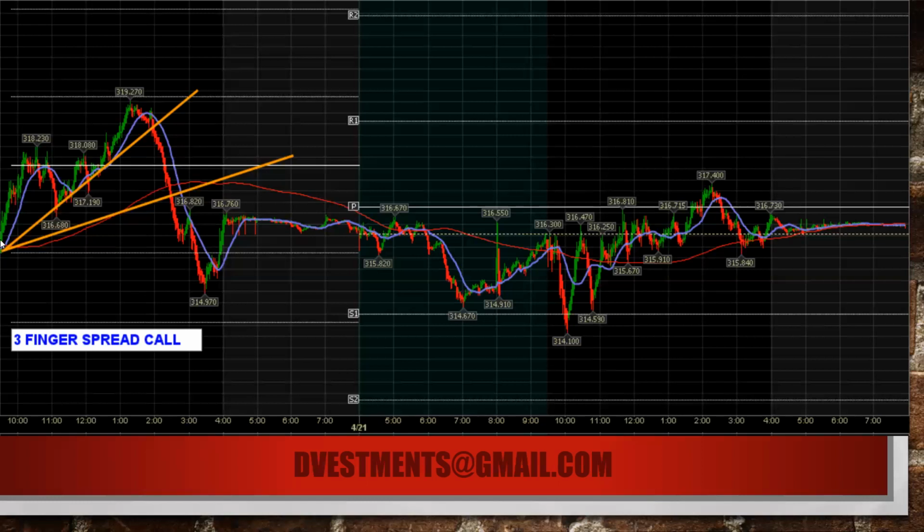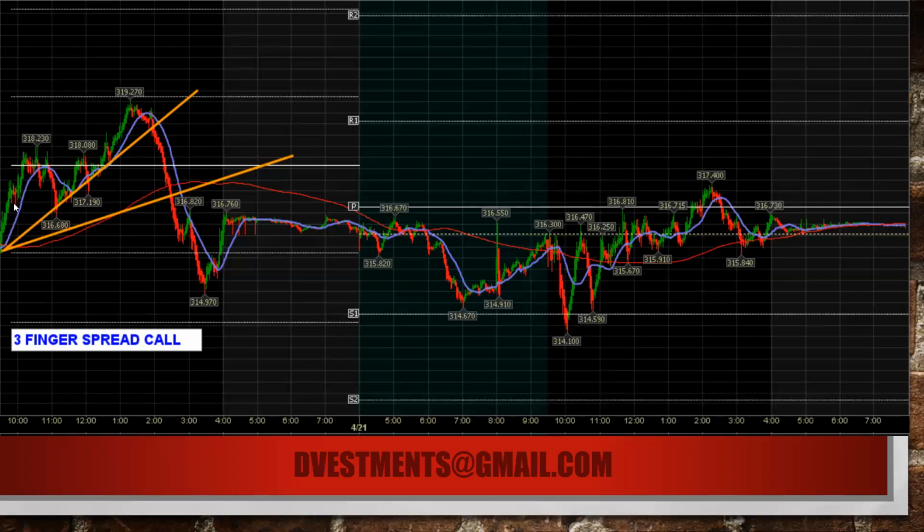So you've got price trading above our 20, which is this blue line here. Our 200 is the red line. You've got price trading above. Green candles. You've got a pullback here, red candles kind of going sideways.